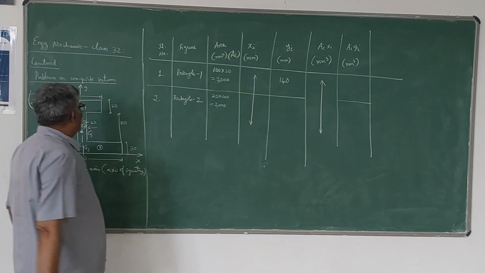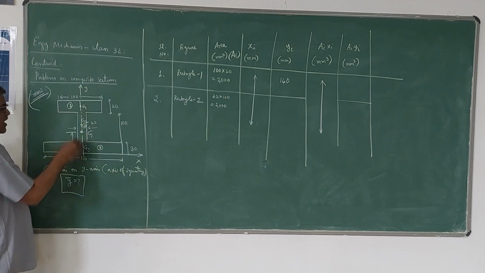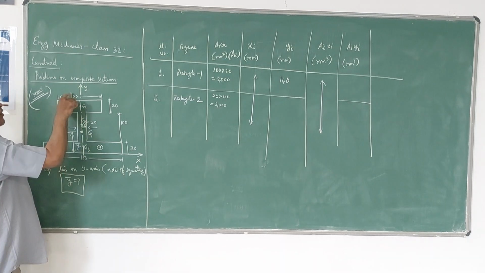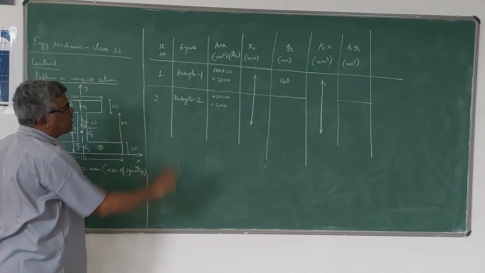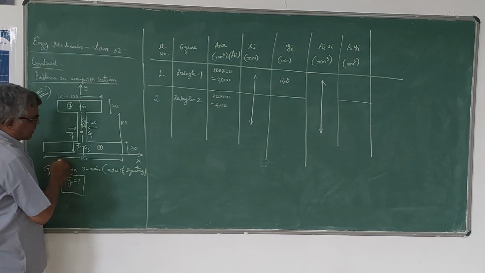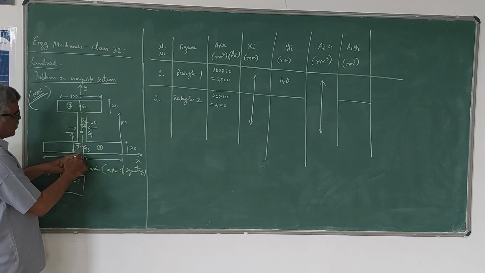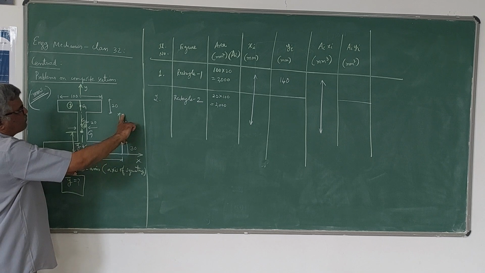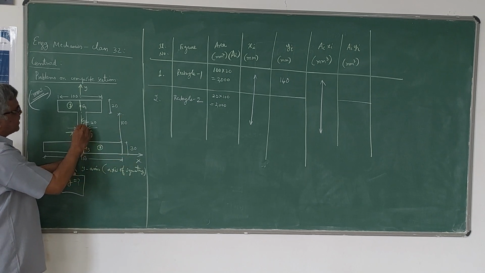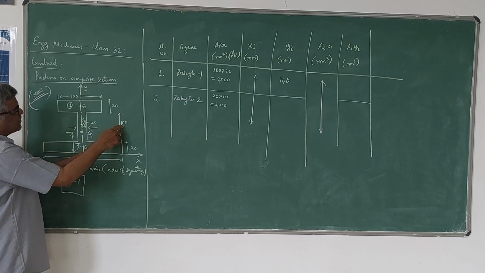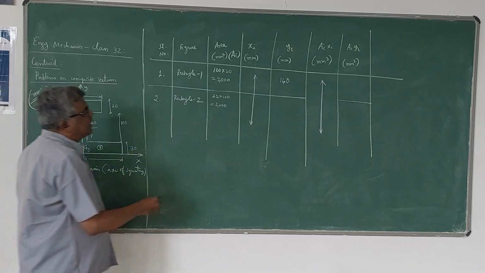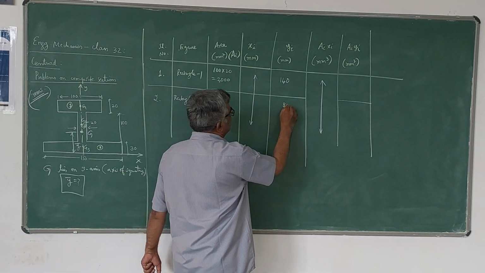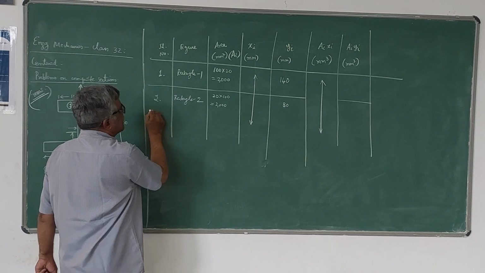Since this G2 lies on the y-axis itself, distance of G2 from y-axis is 0, so xi value is 0. Yi I have to measure from this x-axis. So from this x-axis, distance to this G2 will be 30 plus half of 100, because the centroid will be exactly at the center of this 100. So 30 plus 50, 80 mm. Y value will be 80. So that is the second one.